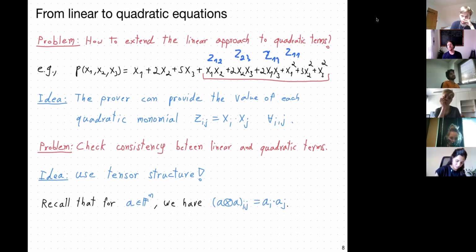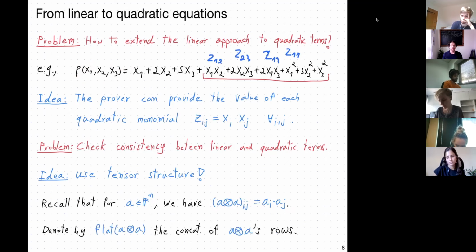This is a concise way of saying, suppose I want the prover to send me all of these z_ij's. All it has to do is send the tensor product of x with itself. Since we want to compare these terms as a vector and not as a matrix, we'll denote by flat of this tensor product the flattening of the matrix into a vector.